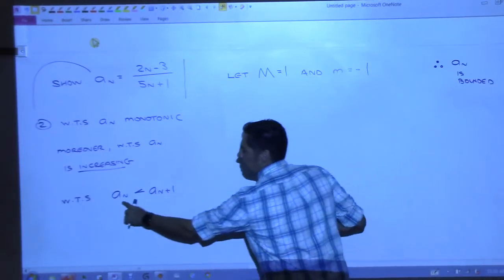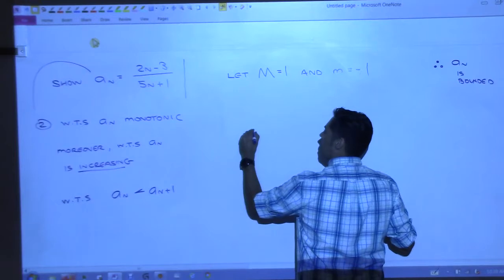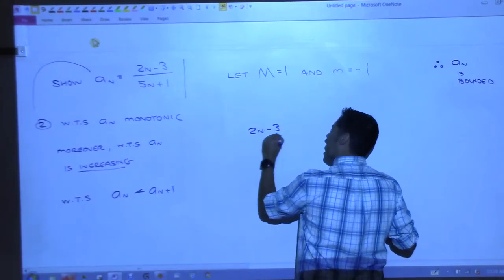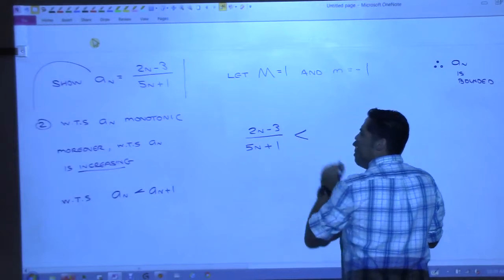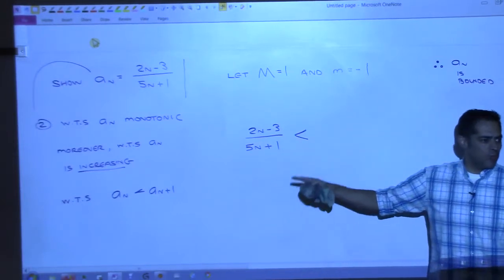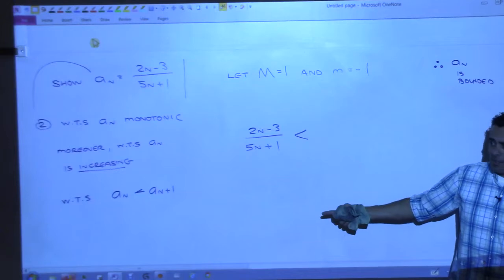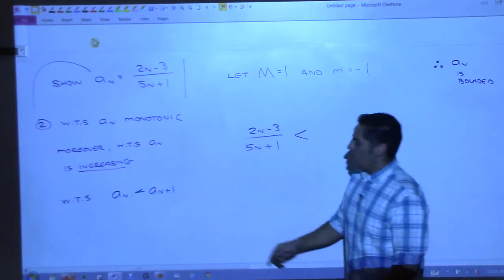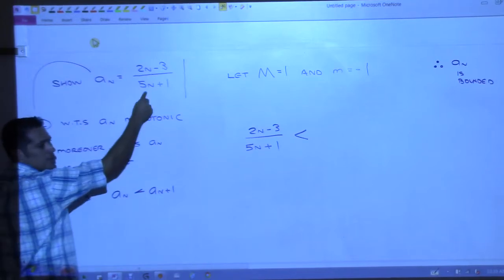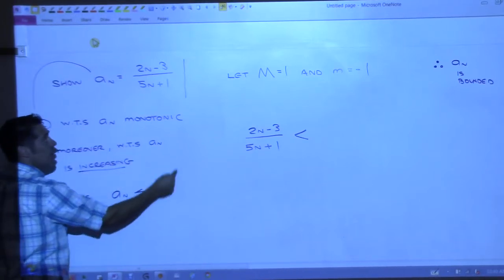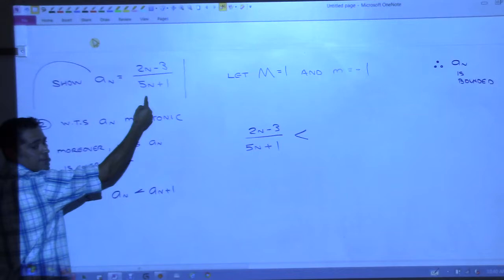What is a sub n? (2n minus 3) over (5n plus 1), right? I want to show that that's less than a sub n plus 1. What's that? So remember, this is like a function, right? A sub n means plug n into that function. A sub n plus 1 means plug n plus 1 into that function, right?